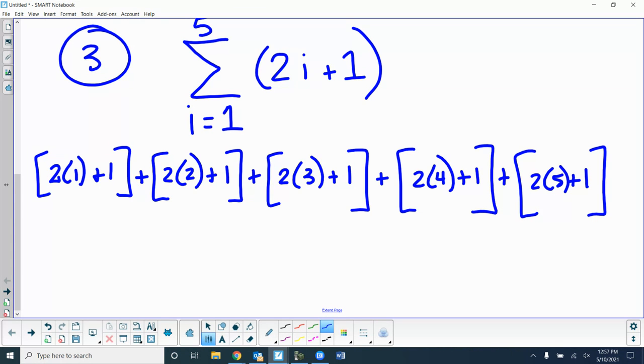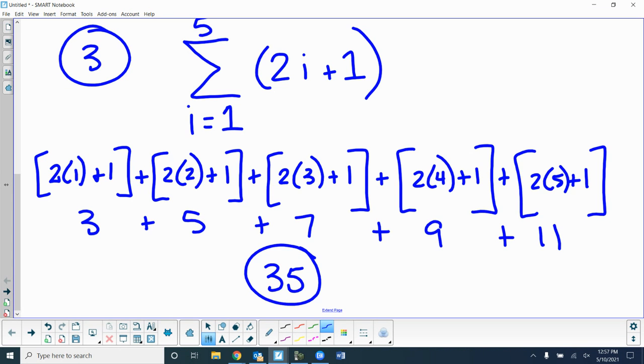So 2 plus 1 is 3, 4 plus 1 is 5, 6 plus 1 is 7, 8 plus 1 is 9, and 10 plus 1 is 11. And when you add those up, 35, which was letter C. Okay? Is that difficult? No. You guys should be able to do well in the beginning here.